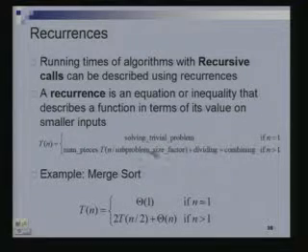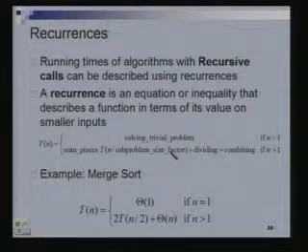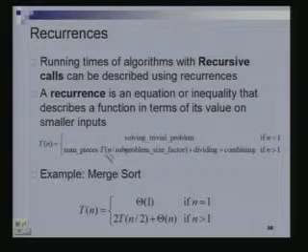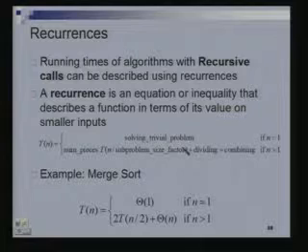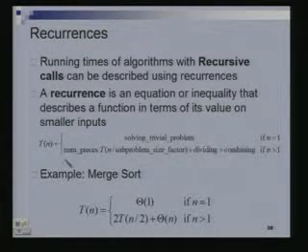By sub problem size factor I mean by what factor I have reduced the size of the problem. That is the time required to solve each of the sub problems, and that times the number of sub problems is the total time required to solve the various sub problems, plus the time required to do the division, plus the time required to do the combining. That would in general be the recurrence that you would get.